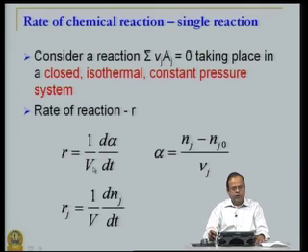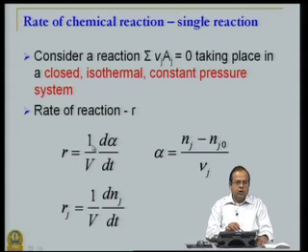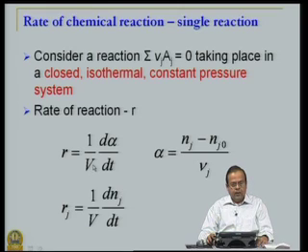For example, if you are looking at a gas solid catalytic reaction, then the normalization could be by the volume of the catalyst or by the mass of catalyst. So, appropriately we will define rate as d alpha dt times 1 over W. W, for example, is the weight of the catalyst that we are using.